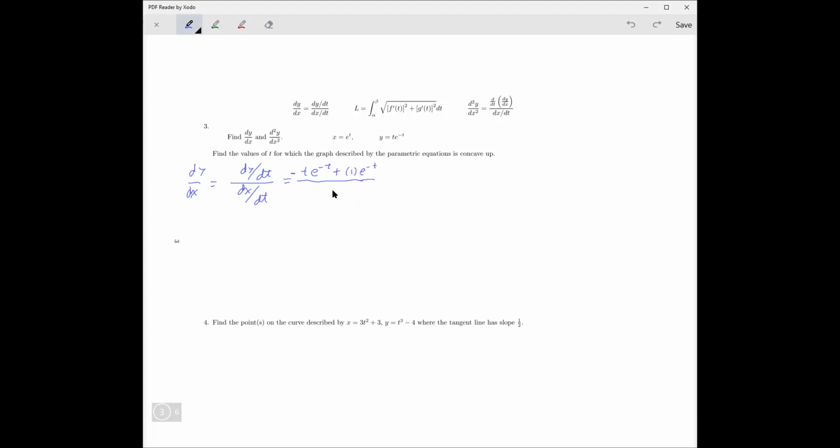And then dx/dt is just e to the t. Now, you can factor out an e to the negative t, and you'll have 1 minus t. And then this e to the negative t goes to the denominator as positive e to the t. So it's e to the 2t in the denominator. Okay, so that is dy/dx.